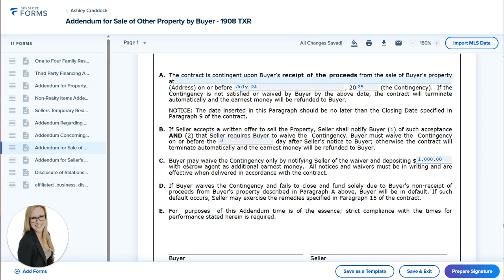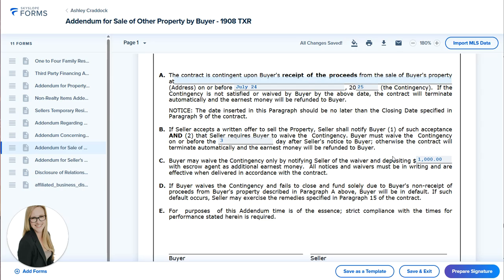The other part of this, so I normally put 3, the other part of this is skin in the game. So the buyer may waive the contingency only by notifying the seller of the waiver and depositing additional earnest money. So this is making it to where if you got a good second offer, a new buyer made an offer on your listing, and your seller is excited and wants to take that new offer, the buyer two offer, well, buyer one has the choice to remove their contingency and or remove their contract.